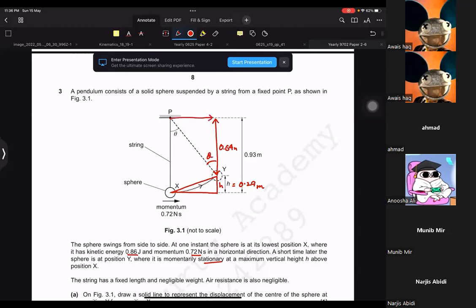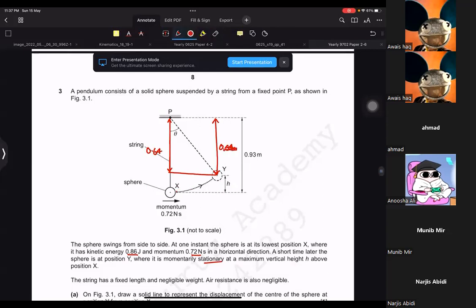I'm trying to find a triangle here, which I cannot. Well, let me think. This is 0.64, this is 0.93. Oh, I got it. If this is 0.64, then this is also 0.64. And now I don't need to do anything else.